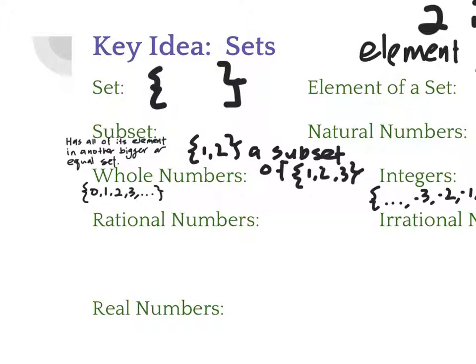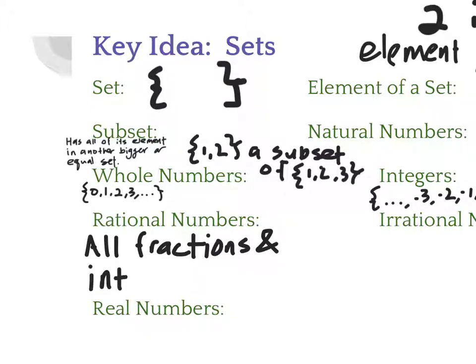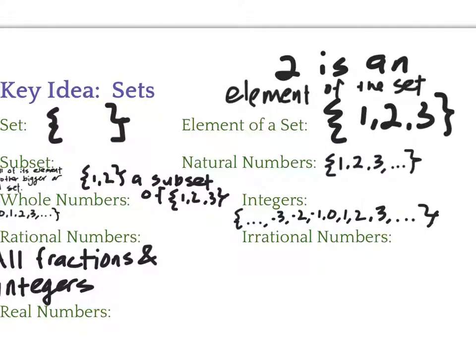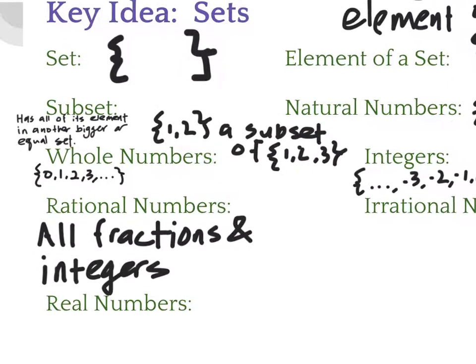Rational numbers are all fractions and integers, the set we just saw. The irrational numbers, well, let me say this.